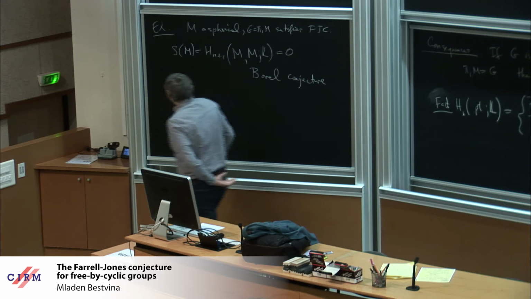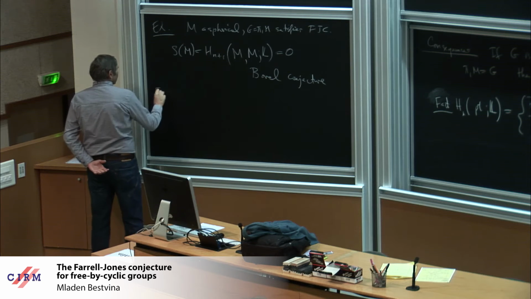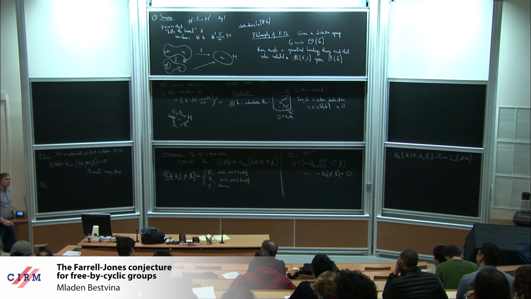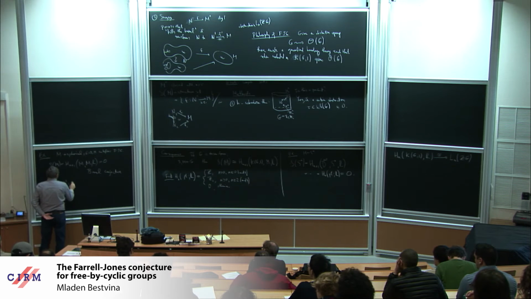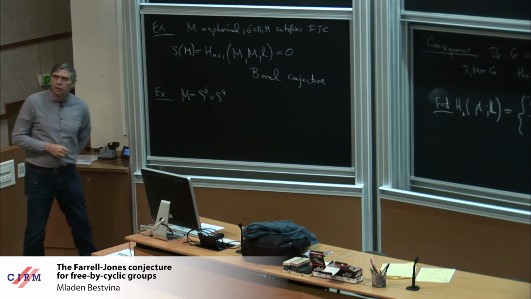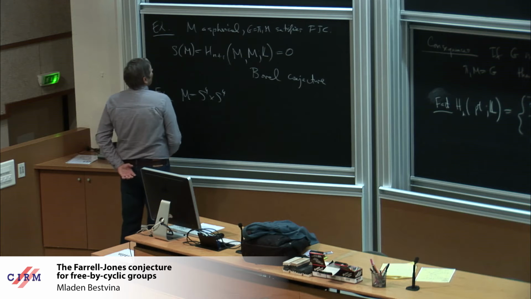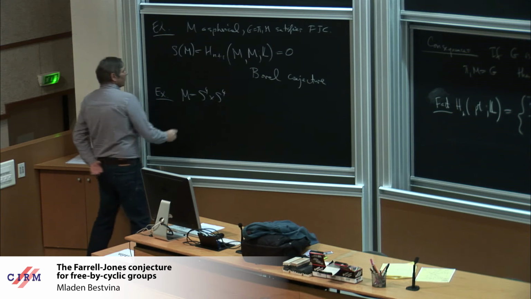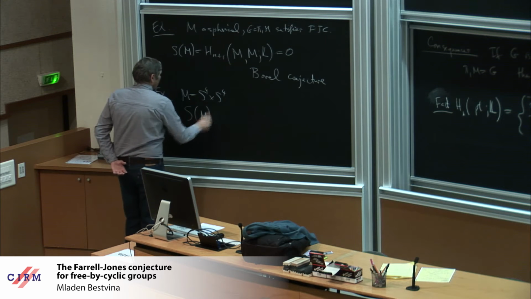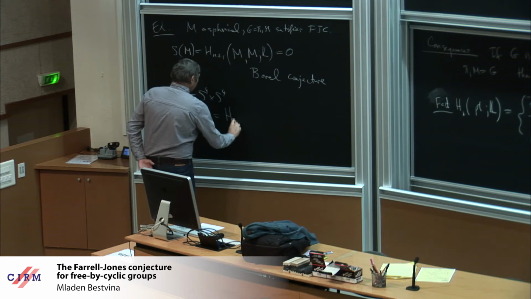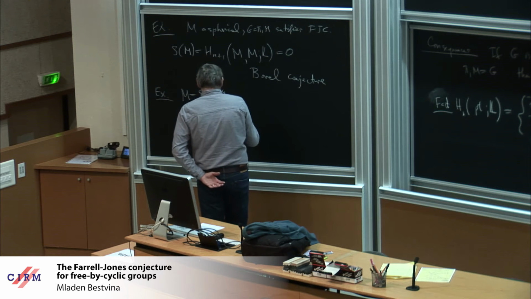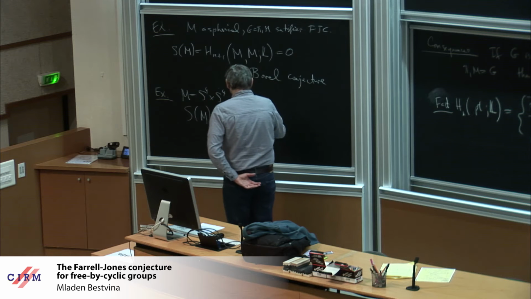And then just to convince you that not everything is 0, if I take M to be something like S4 cross S4, I won't get into the calculations, but here it turns out it's not. So this is also simply connected. S of M is, well, it's H9 of, well, I don't know, something contractible, S4 cross S4.